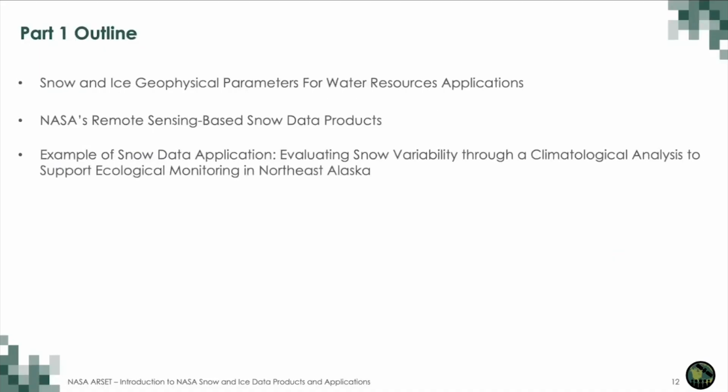So the outline for today is that we will start with snow and ice geophysical parameters for water resources applications. Then we'll talk about NASA's remote sensing based snow data products, and we'll see an example of snow data application: evaluating snow variability through a climatological analysis to support ecological monitoring in Northeast Alaska.